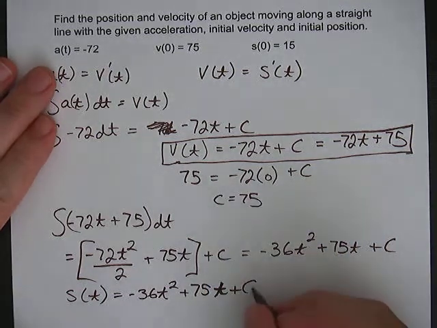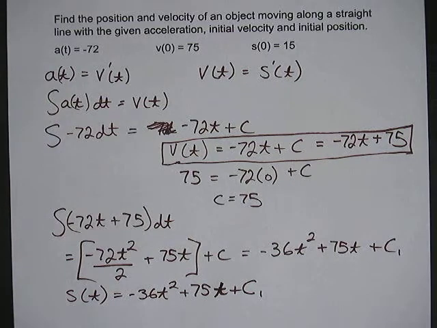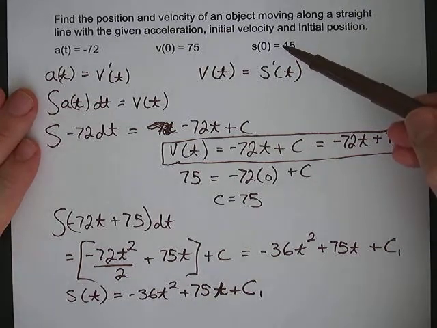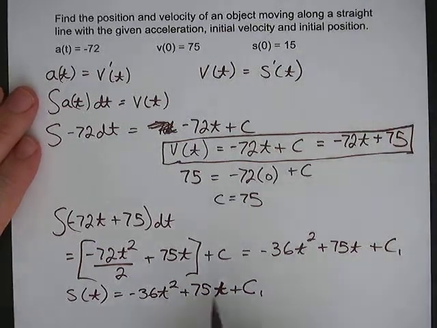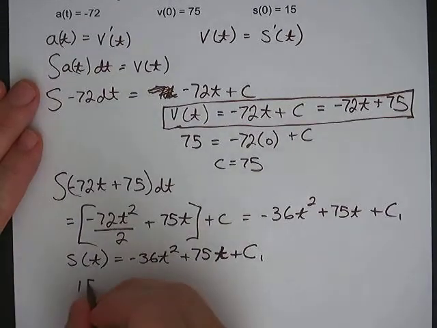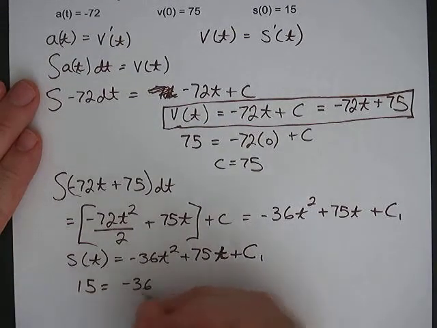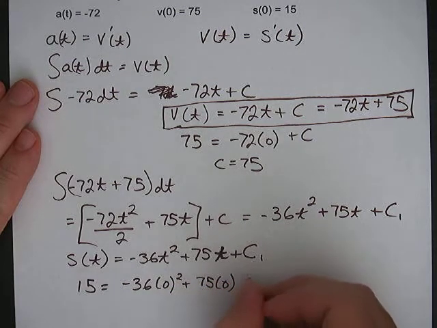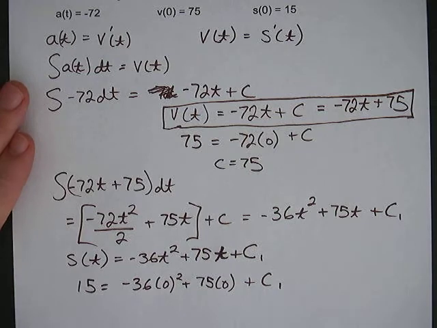But we can't leave the c. You could call that c1 since we had a c earlier in this problem. Either way, we're finding a constant. So you've got the initial position of s of 0 is equal to 15. Just like we did up here, we're going to plug in a 0 and set it equal to 15. So 15 is equal to negative 36 times 0 squared plus 75 times 0 plus c1, if you want to call it that.